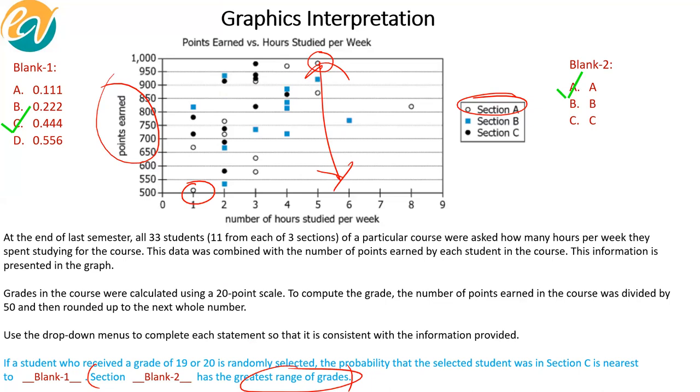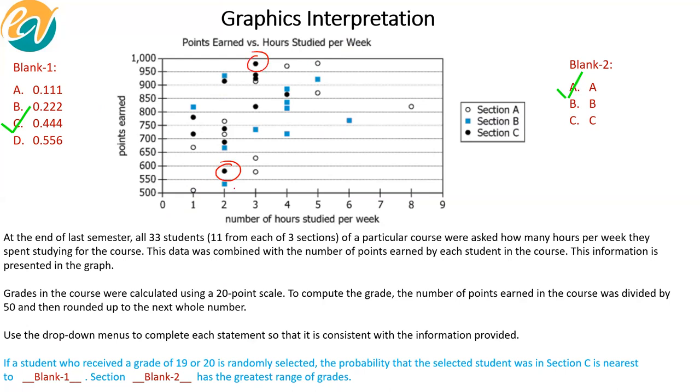Maximum minus minimum, that's how the range is calculated. So this is the maximum that a section A student has earned, and this is the minimum that a section A student has earned. So that range is the greatest for section A. For example, if we look at section C, minimum is this and maximum is this.